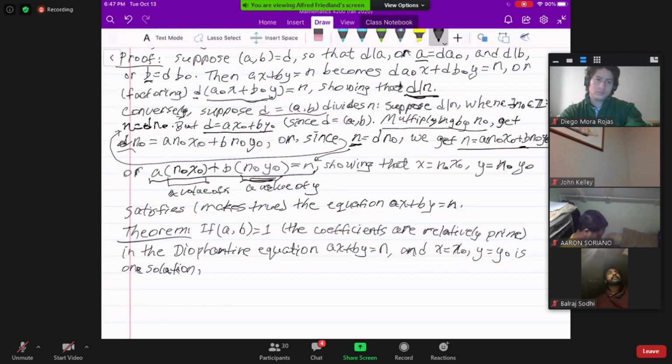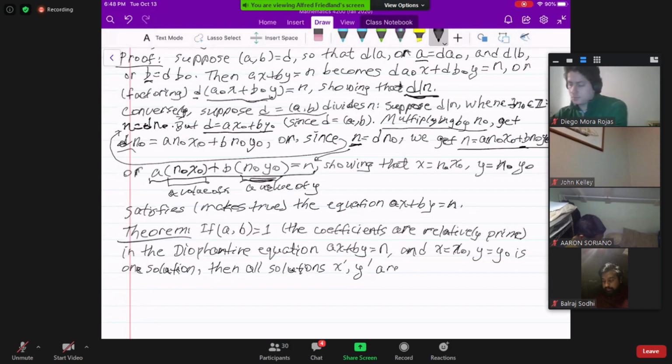Then all solutions, let's call them x prime and y prime, are of the form, right? So we were talking about forms of integers.